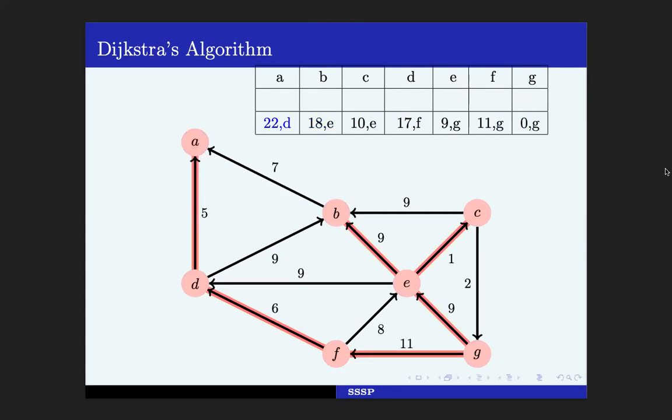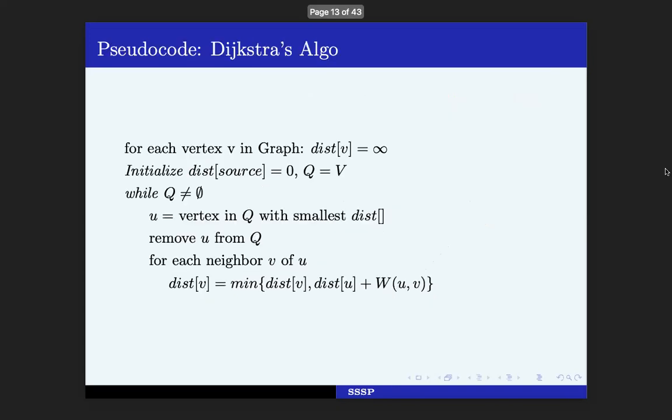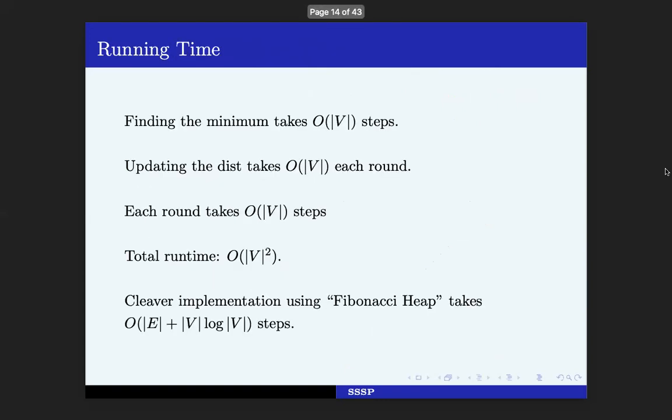But the most crucial part of Dijkstra's algorithm is that it's a very simple algorithm. It's a kind of greedy algorithm, and it has a running time of order V squared, because you have a loop that runs V times, and every round takes V steps.